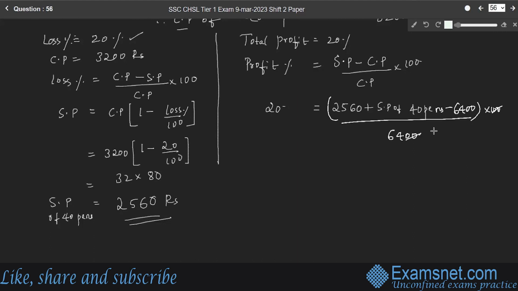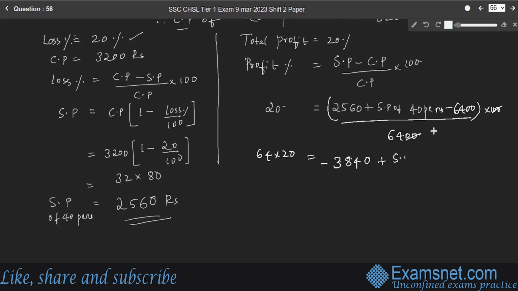So 64 into 20 is equal to, so 2,560 minus 6,400, then 3,000 minus 3,840, right?